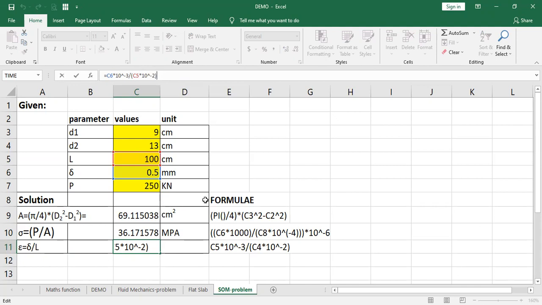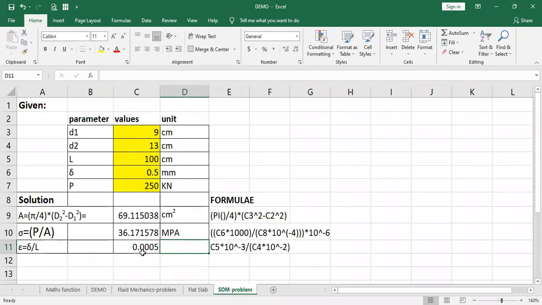So accordingly, you can click on that. C6 is 0.5. Note here, raised to the power minus 3 means converted in terms of meter. Similarly, C5, that is length 100, multiplied by 10 raised to the power minus 2, means again converted in terms of meter.